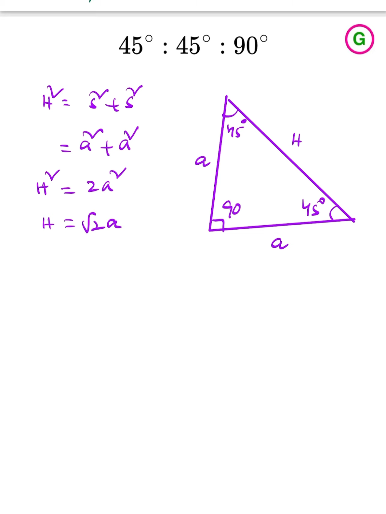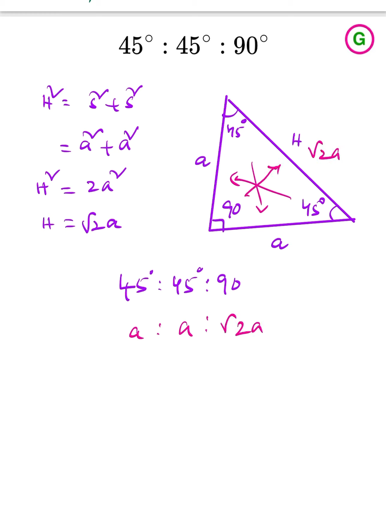Now we can write 45 degrees, 45 degrees and 90 degrees: 45 opposite is a, another 45 opposite is a, and 90 opposite is root 2a. Then a cancels, so 1 is to 1 is to root 2. So for 45-45-90 it is 1 is to 1 is to root 2, not 1 is to 2.